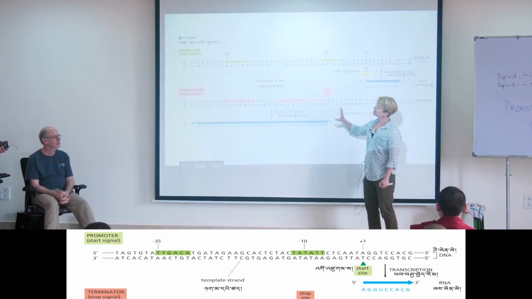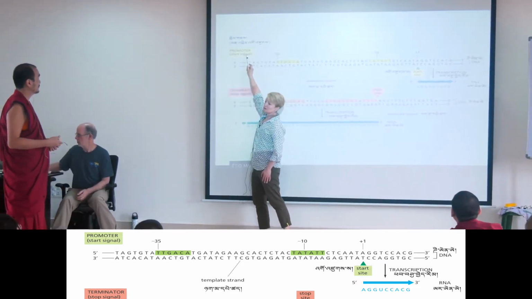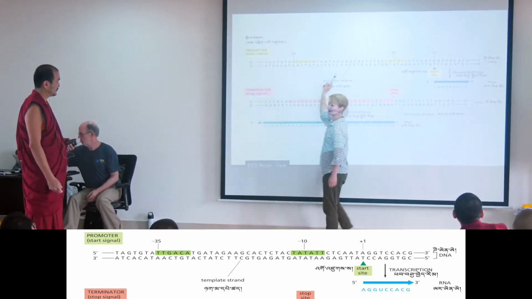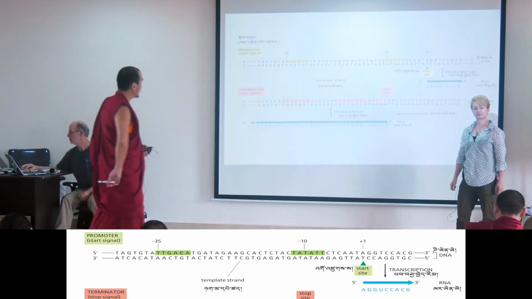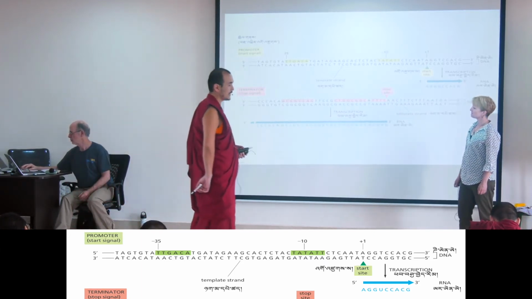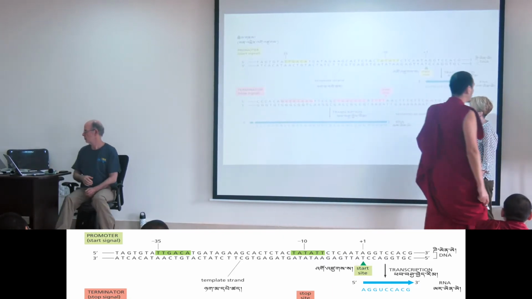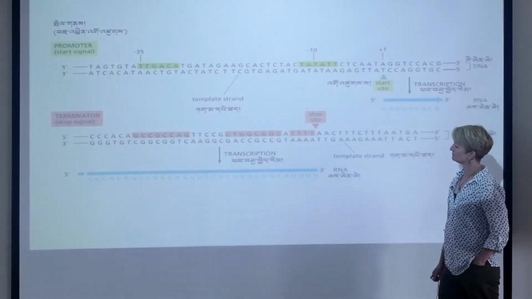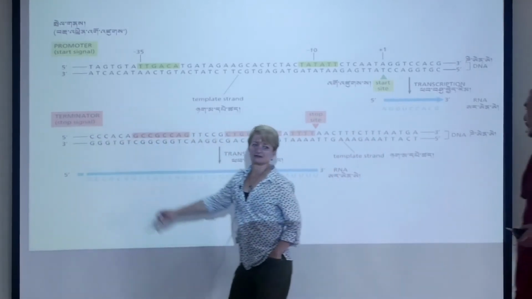And what this shows is that genes have a promoter region or a start to them. And then they also have a terminator or a stop signal.